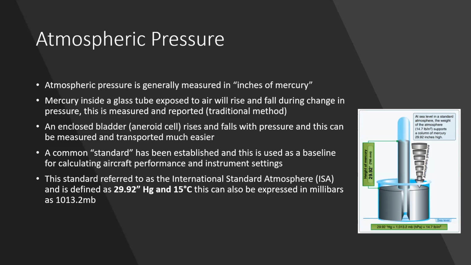So in this picture you can see that you have a base with some mercury in it, and as the pressure increases or decreases, the mercury can move up into this tube and move up and down. And this is how pressure is measured. This is why it's called inches of mercury. It can be measured other ways, but this is kind of the base of how pressure was measured, at least in the early days.